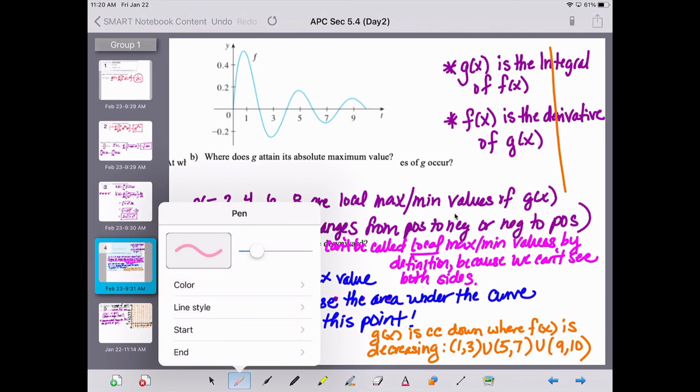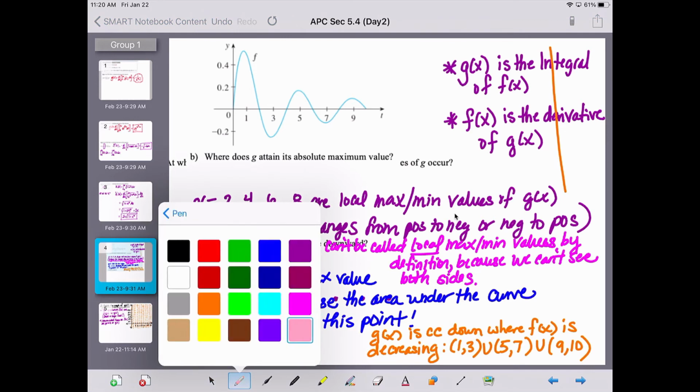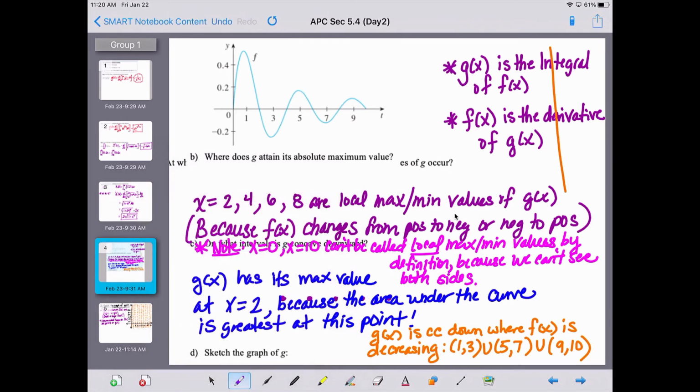I'm not trying to be perfect here. I'm just trying to get a guess at what my accumulated areas are going to be. So I'm going to look at this as a triangle here, and this as a triangle here, and this is a triangle and a triangle, and I'm just going to chop up my areas, so to speak, so that I can calculate what's going on here.